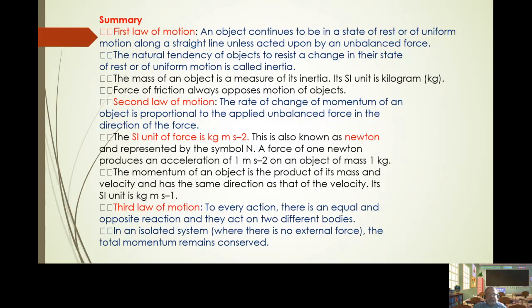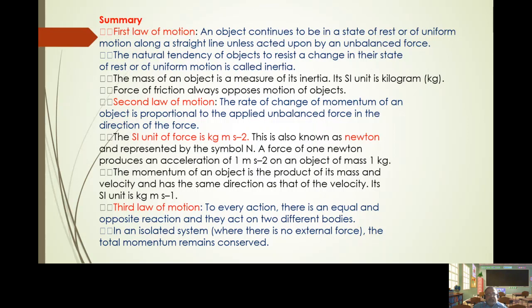The second law of motion: the rate of change of momentum of an object is proportional to the applied unbalanced force in the direction of the force. Here, the SI unit of force is kg meter per second squared.